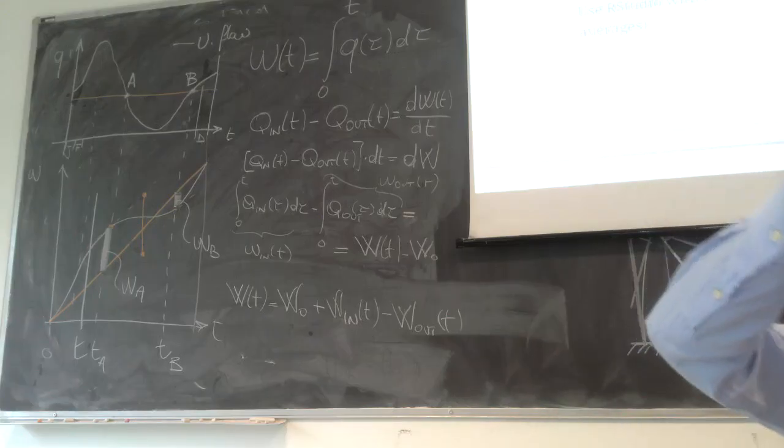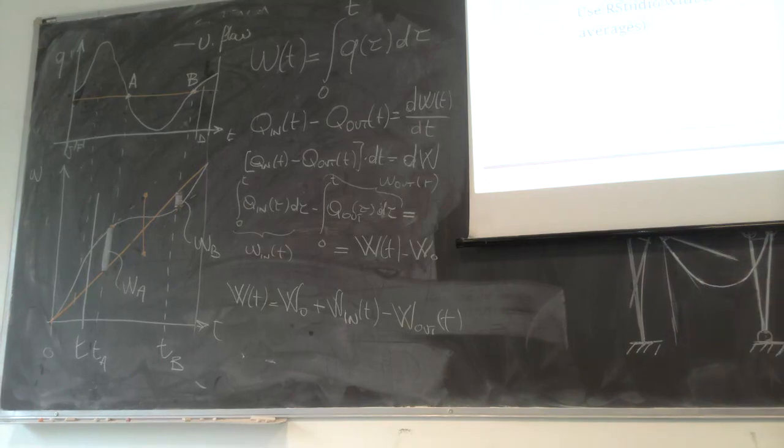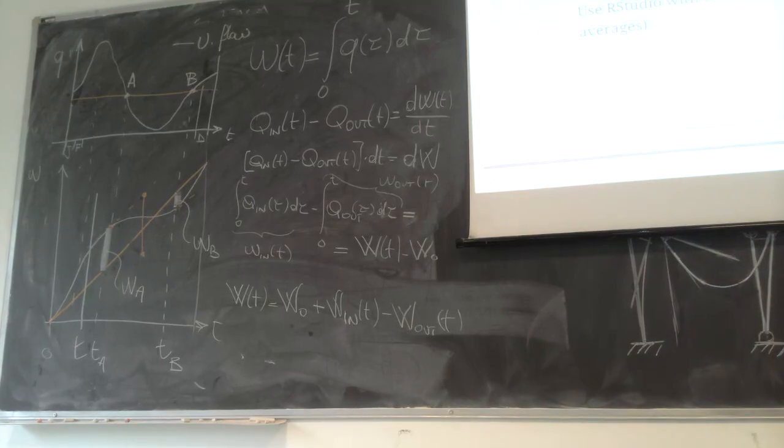So from 1st of November all the way to 31st of January is the first season. Then 1st of February to end of March, second season, and so on. So we will need to understand what the typical stream flow is in this season and then use 10% of it as environmental flow. Environmental flow we will not be able to use, so we will have to subtract it from inflows.